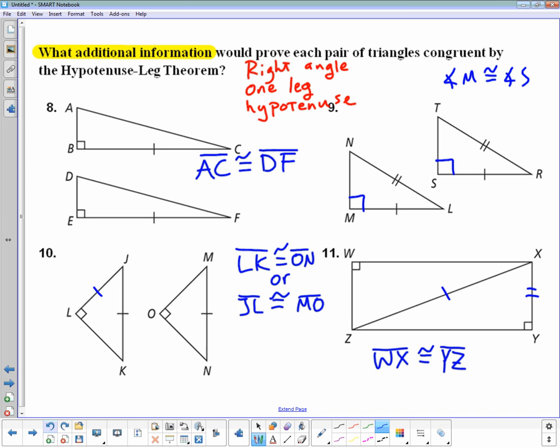XY? Congruent to ZW. So either one would be fine. One or the other is fine.